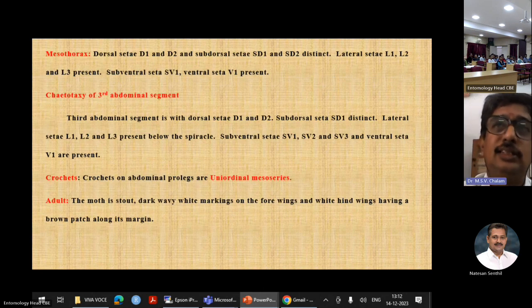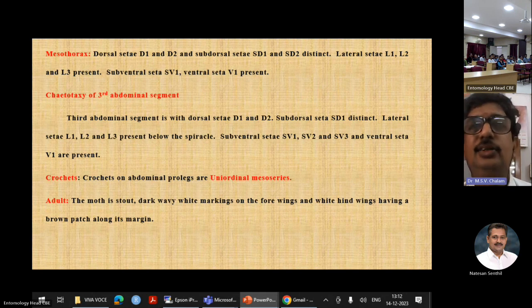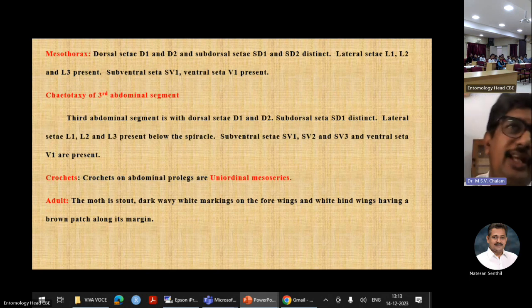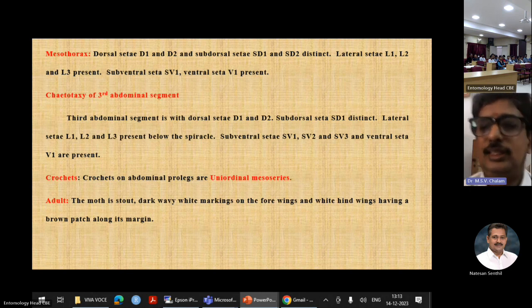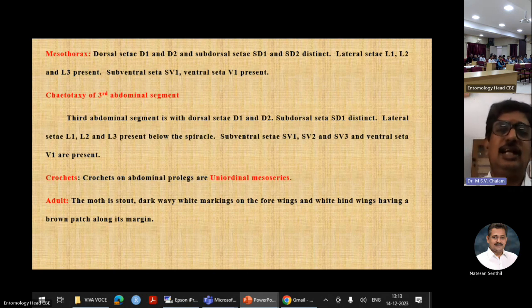Like that, generally we describe the chaetotaxy of the thorax as well as the third abdominal segment. Why choose the third abdominal segment? Because generally we detach the thorax from the abdomen for conducting the chaetotaxy studies, and the first abdominal segment may get damaged while detaching.